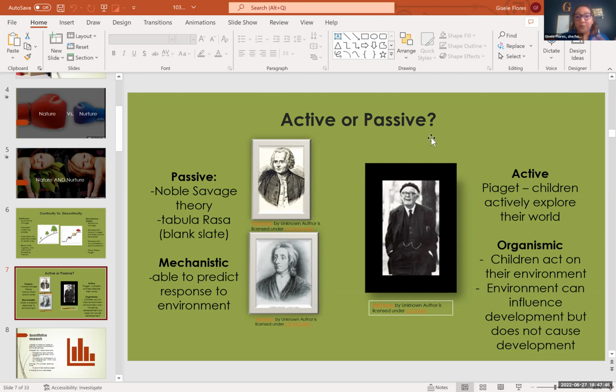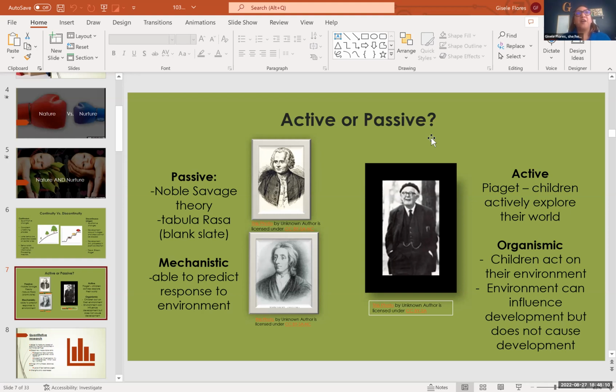Theorists like Jacques Rousseau and other behavioral theorists also believed that they could impart some kind of influence on how the child develops. In fact, Rousseau says that children are born noble savages.